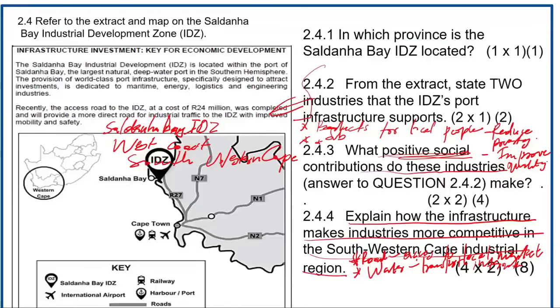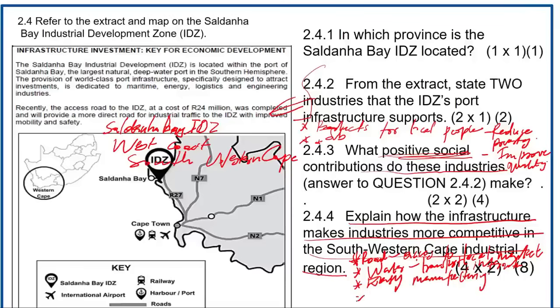So we're talking about infrastructure. What else are we talking about here? We're talking about electricity. It's infrastructure. Electricity makes sure that there is easy manufacturing taking place.